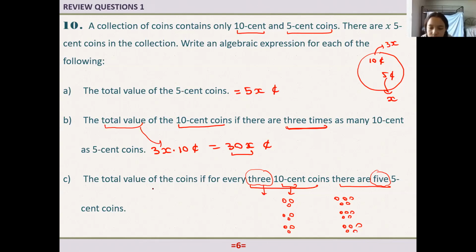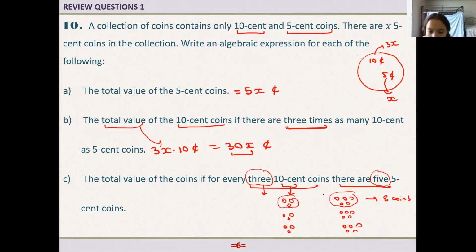In the question, it says that for every 3 10-cent coins, we have 5 5-cent coins. So that means that altogether, here we have 3 coins, here we have 5, so 8 coins, right? 3 of them are 10-cent coins, and 5 of them are 5-cent coins.